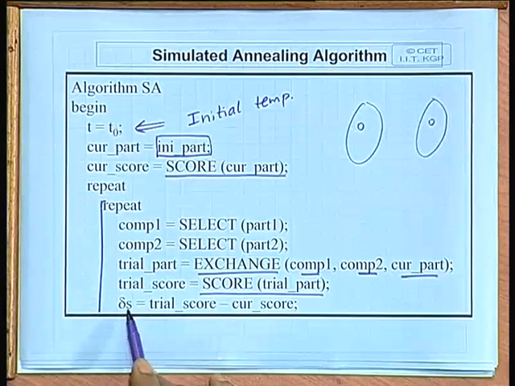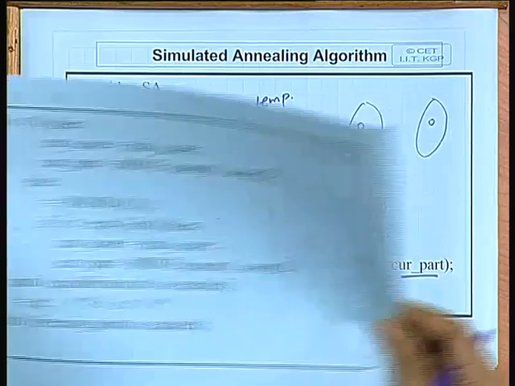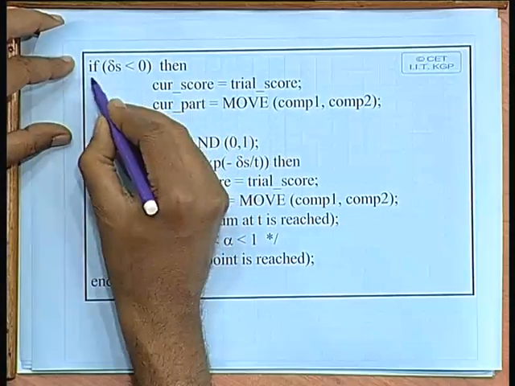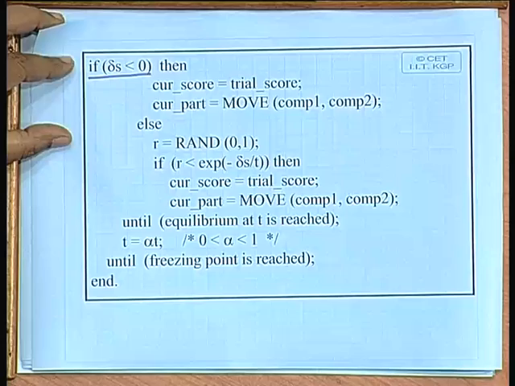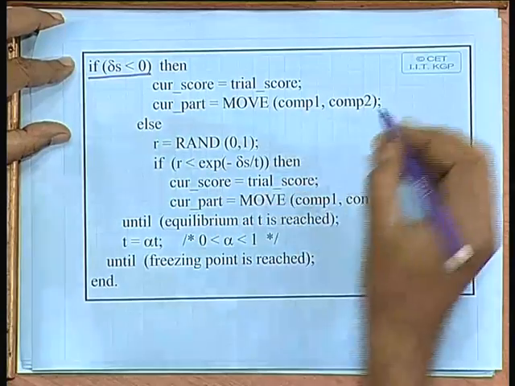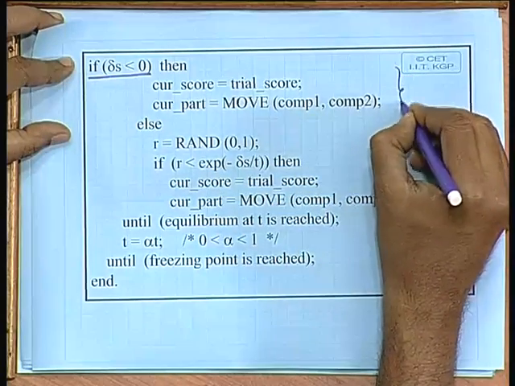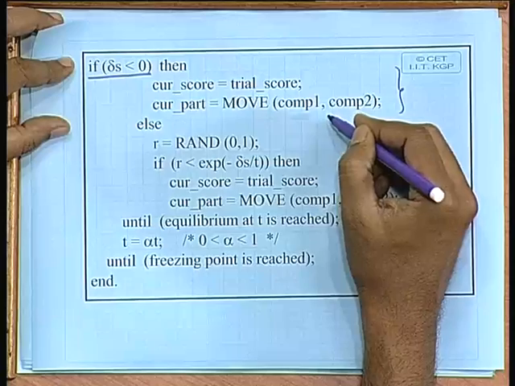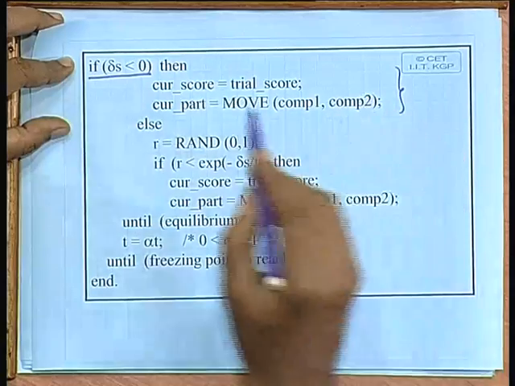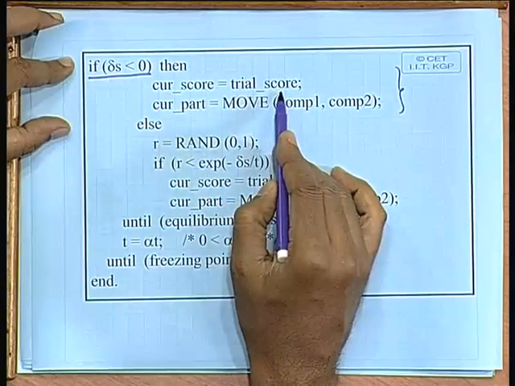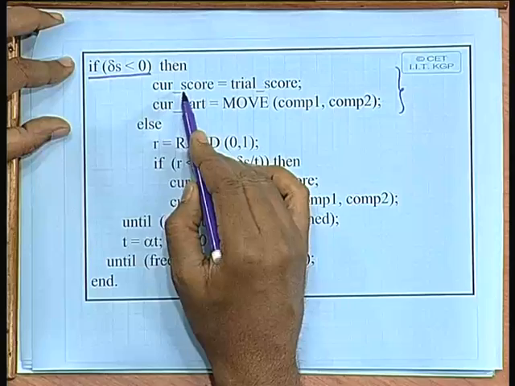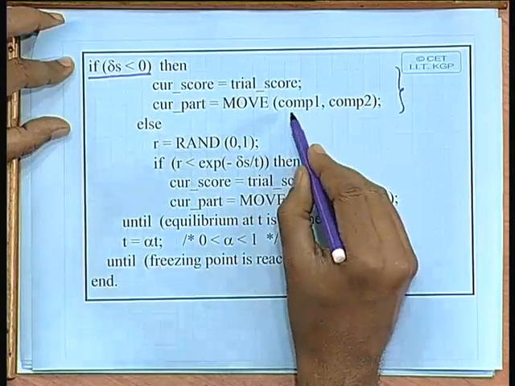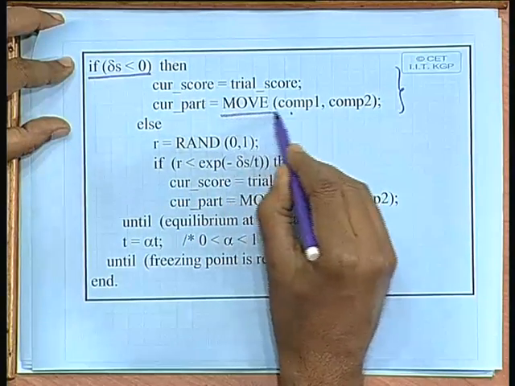Okay. So, after computing delta S, we check if delta S is negative. If it is negative, we are moving towards a better solution, so a better solution is always accepted. So, now the trial score will become the current score, and now we are making an actual move.